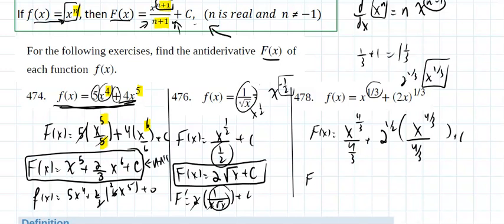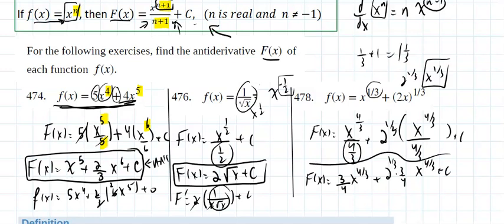And if you clean it up, instead of dividing, you multiply by the reciprocal. So that's 3/4 x to the 4/3 plus, that's 2 to the 1/3 times 3/4 x to the 4/3 plus c. And that'll be my answer.